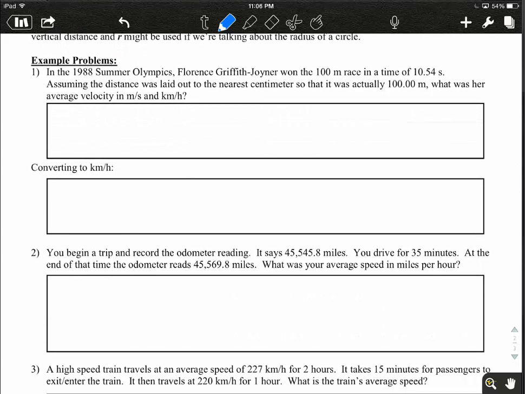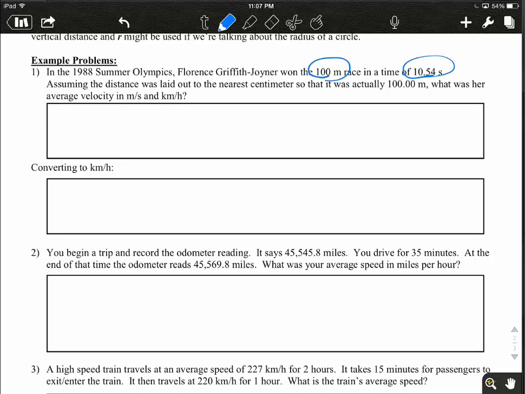Okay, so some example problems. In the 1988 Summer Olympics, Florence Griffith Joyner won a 100-meter race, so we know that this is the displacement, or the distance traveled, 100 meters, in a time of 10.5 seconds, so we know that's the time.